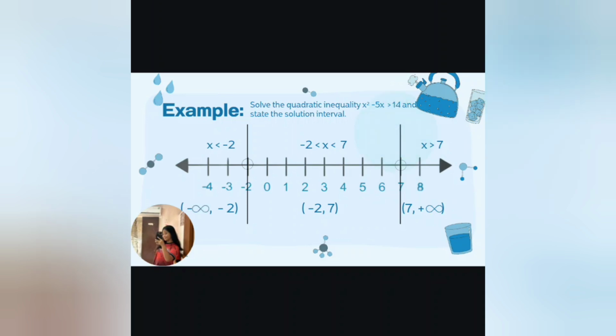Next, we have negative 2 less than x less than 7, and on our lower part, we see negative 2 and positive 7. At the very right side, we have x greater than 7, and at the lower part, you will see 7 and positive infinity. In the next slide, I will be showing you the test values. So yeah, let's go.